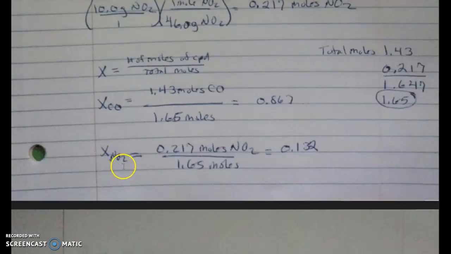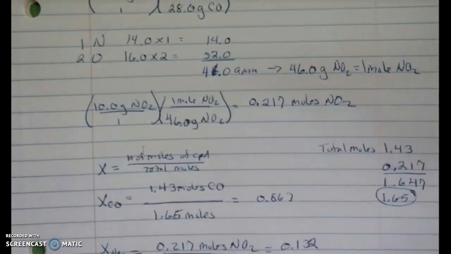For nitrogen dioxide, we take 0.217 moles of nitrogen dioxide divided by the total moles, 1.65 moles, and that equals 0.132. Now we know the mole fractions. A little over 80% of the gas pressure is produced by carbon monoxide, and a little more than 10% is produced by nitrogen dioxide.